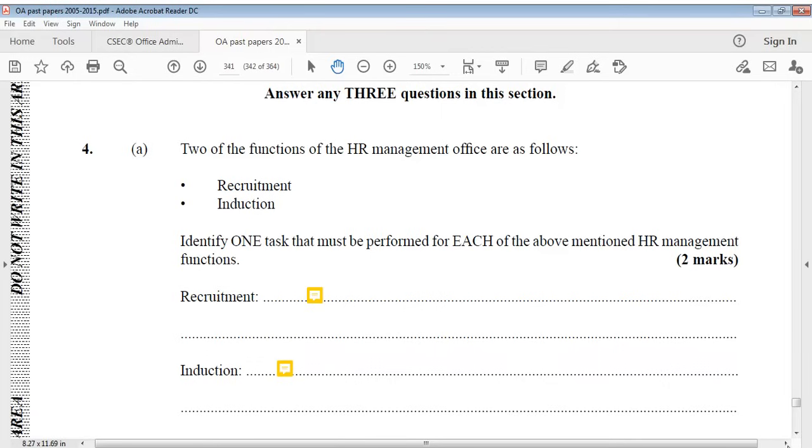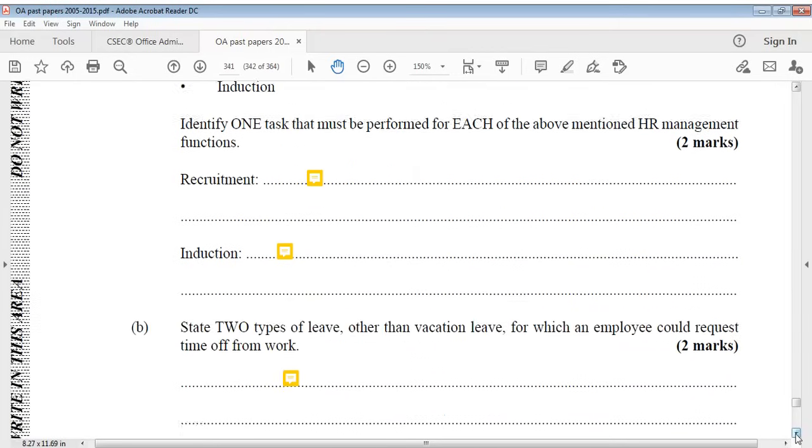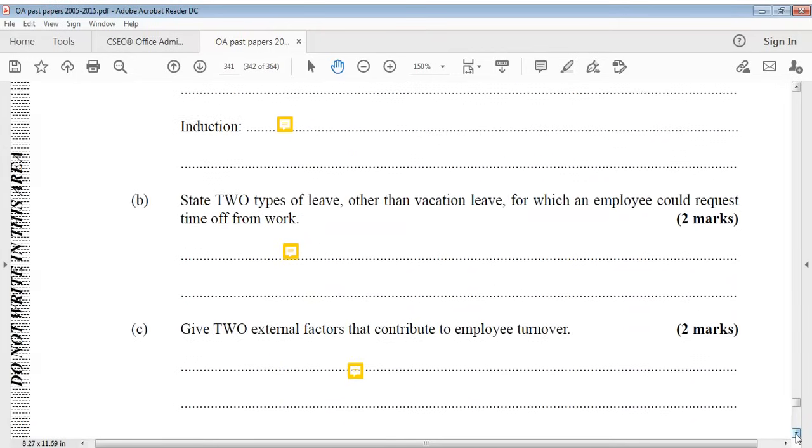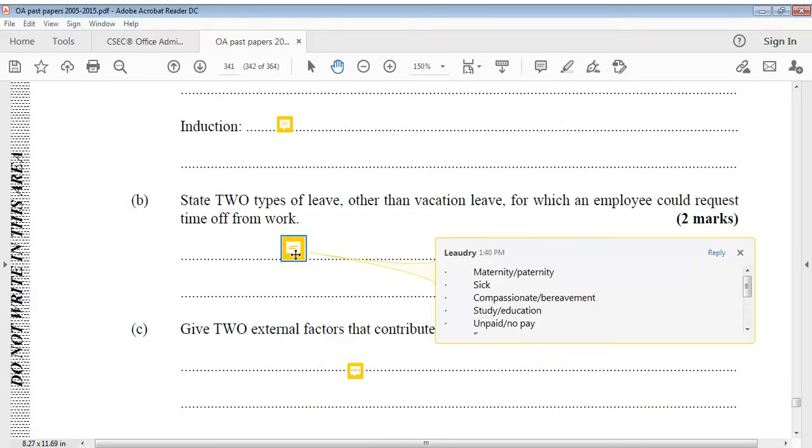All right. Let's go on to number 4B. State 2 types of leave other than vacation leave for which an employee could request time off from work. So 2 types of leave other than vacation leave. We have maternity or paternity. We have sick leave. We have compassionate or bereavement, when someone dies.